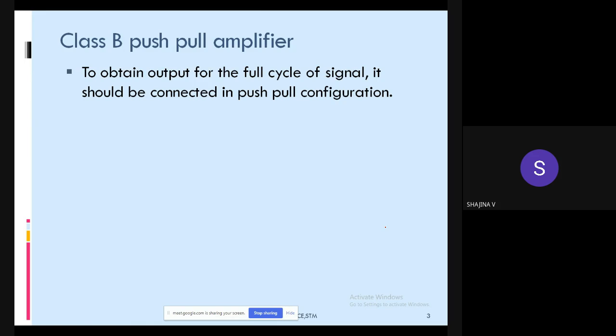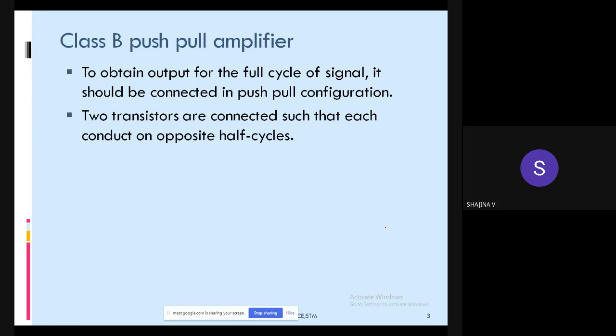Now, in push-pull configuration, we require two transistors. In normal configuration, we use a single transistor only, so we obtain only the half cycles. Here we are using two transistors, connected such that each conducts on opposite half cycles.